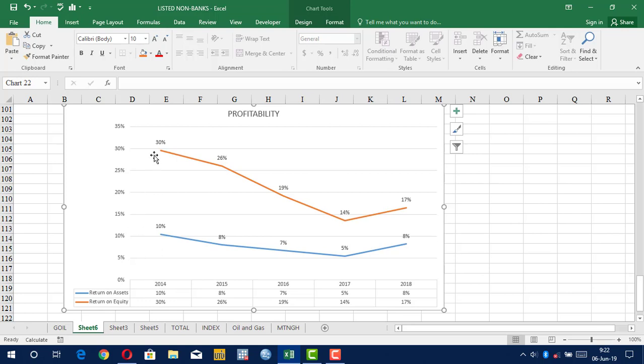So over the years, you realize that from 30%, okay, from 10% declining to 8%, 7%, then the lowest being 5% for 2015. Then in 2018, going up to 8%. It hasn't been good, because it has been on a declining stage.